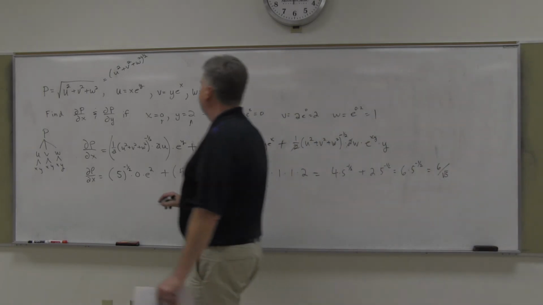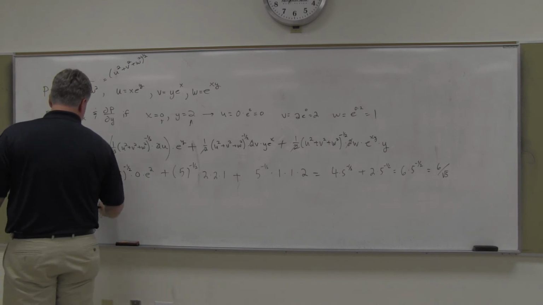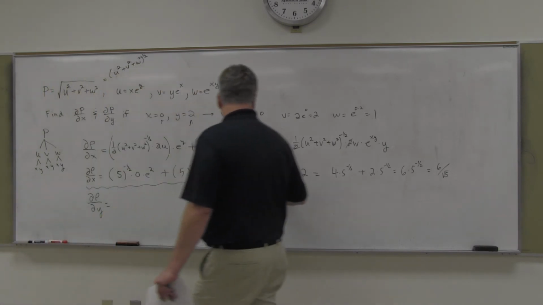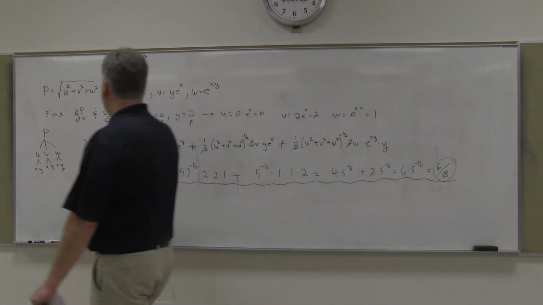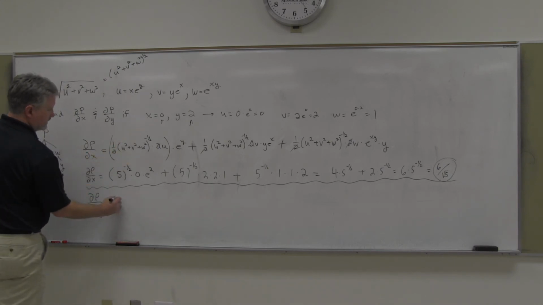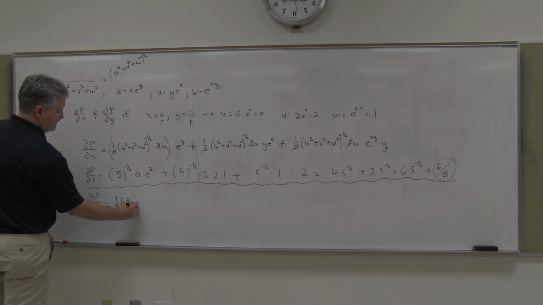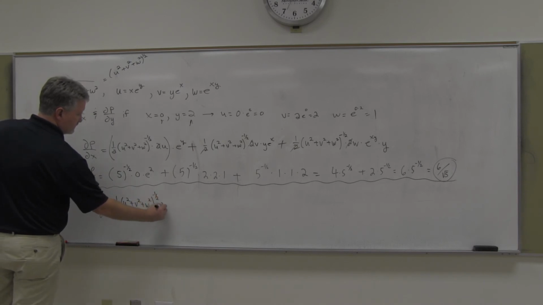All right, so then the partial of p with respect to y. We've got to go through the whole spiel again, but now we're going through these to get to the y. So the partial of p with respect to u, that's our 1/2 (u squared plus v squared plus w squared) to the negative 1/2, times 2u.